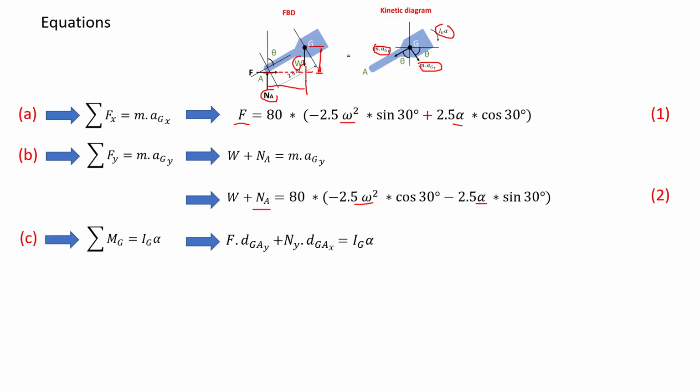How can we find that? It's 2.5 multiplied by the sine and the cosine of the 60, because this angle is 60 degrees here. And we can find these two dimensions. So I'm going to substitute that now. The distance from G to A in the y direction is going to be equal to 2.5. That's the triangle.